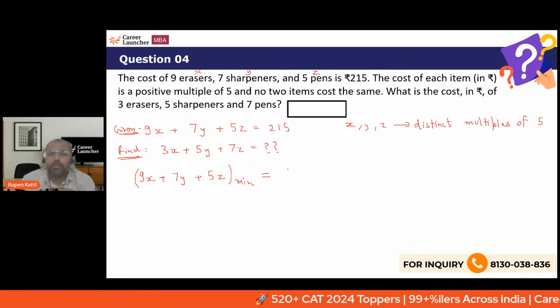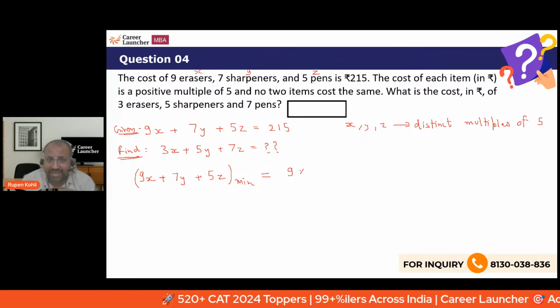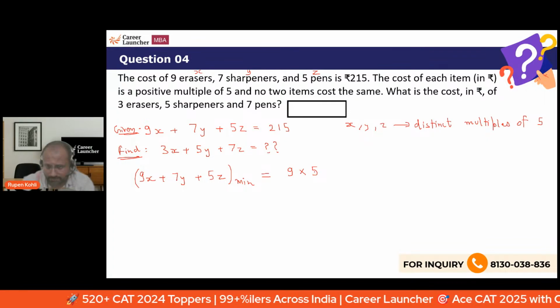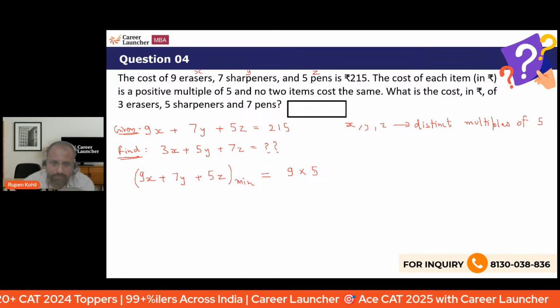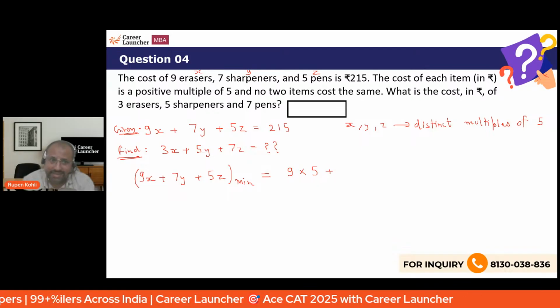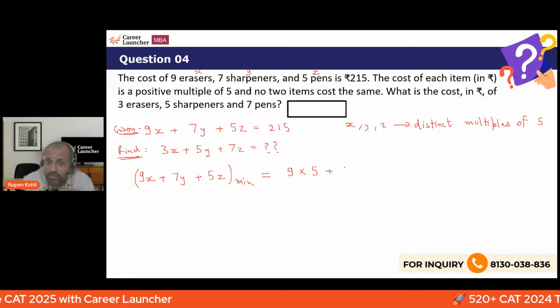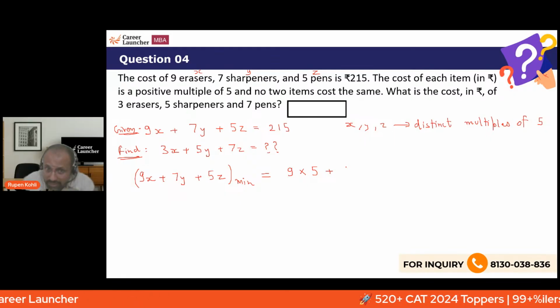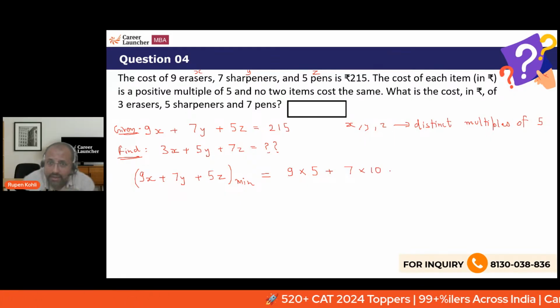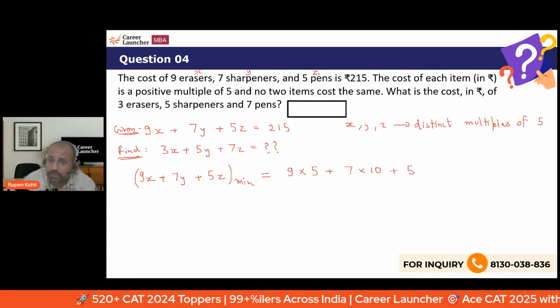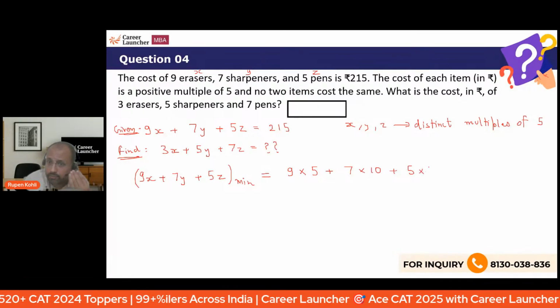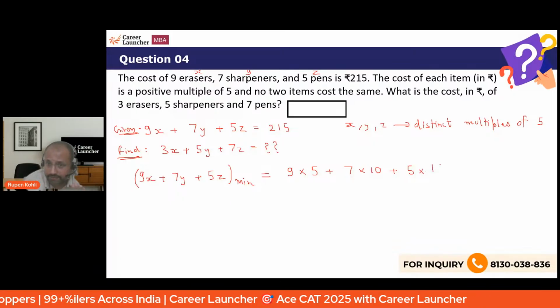So the minimum possible value of this expression is 9 into 5 plus, for the next item, the minimum possible next cost, which is 10 rupees, so 7 into 10. And then the next higher cost, 15 rupees, with pens, which you have bought 5 of, 5 into 15.